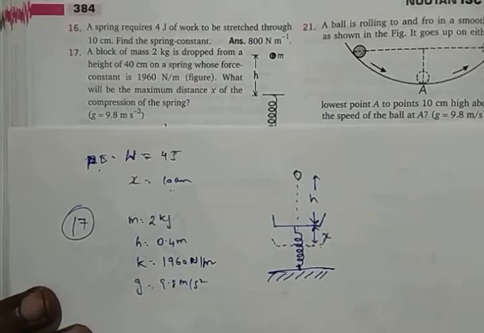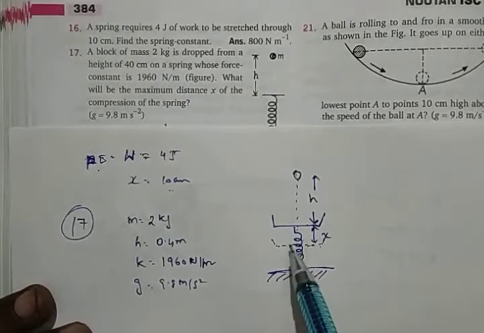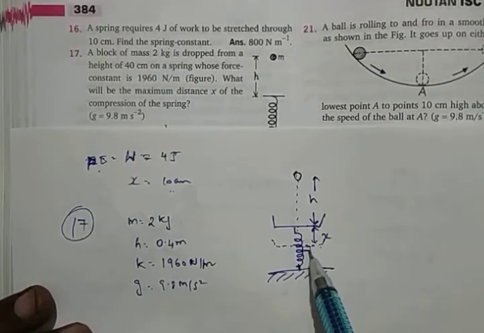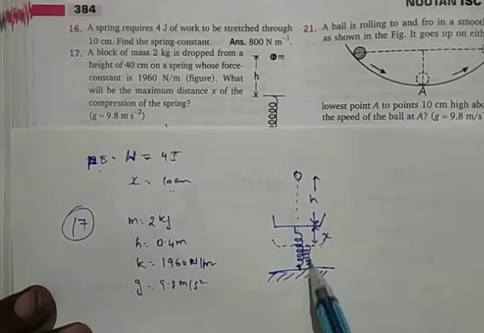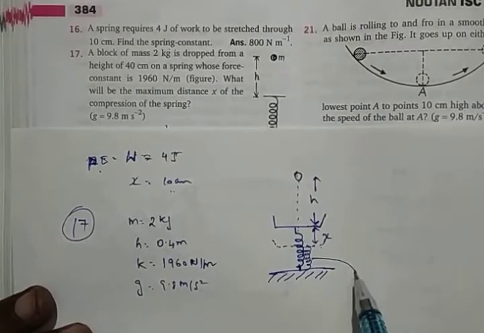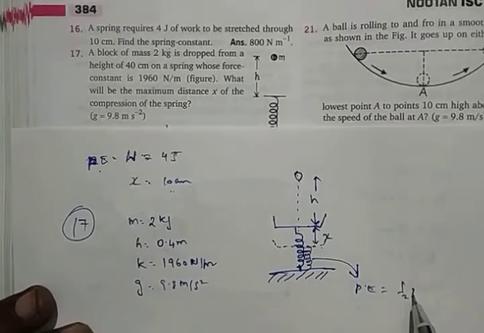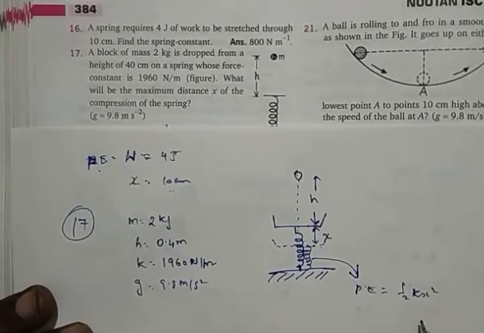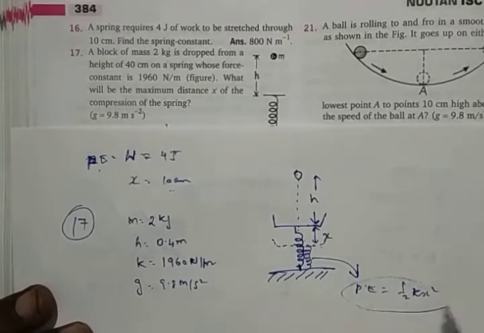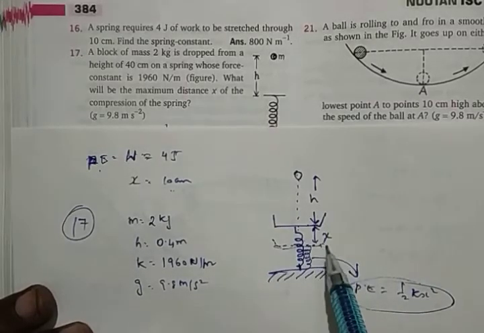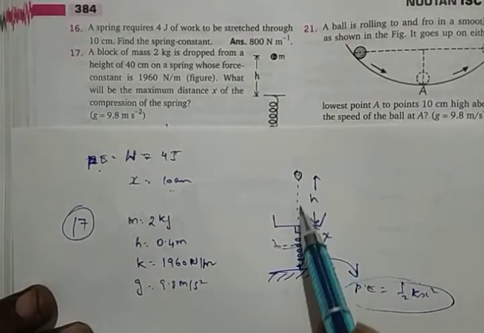Now how it will happen here is, when the spring is now totally compressed, in the new compressed position, what will be the potential energy? That is going to be equal to half k x square. So in that compressed position, when the spring has already come here, what will be the drop here?